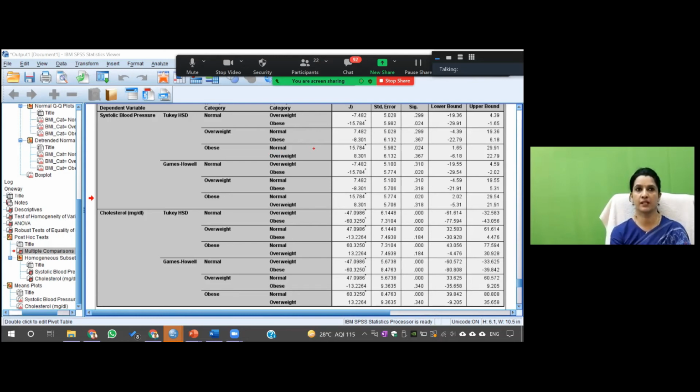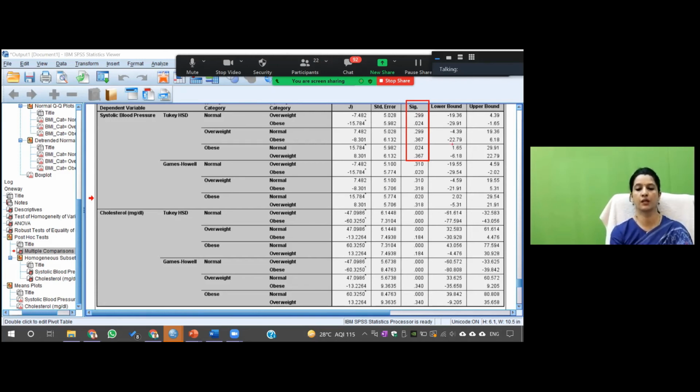So can you see this? All of you, can you appreciate this? Or should I repeat it once again? If you just focus on this pairwise comparison, I've told you, first focus on the significance level. I am focusing on this column, not on Games-Howell. Now bring your attention only to this column.